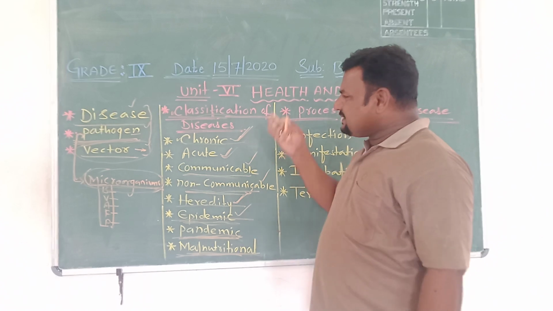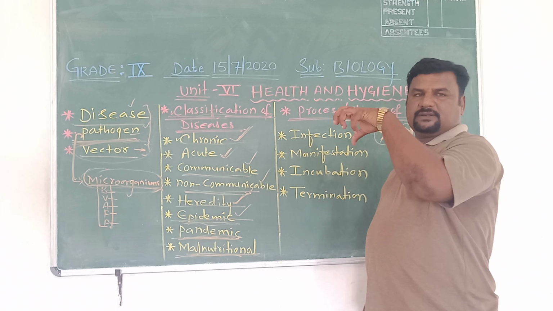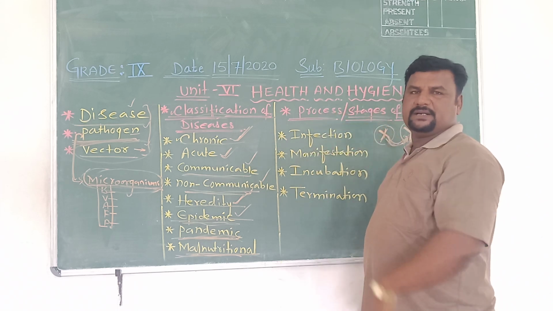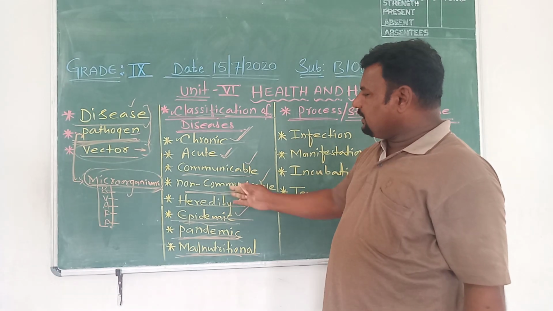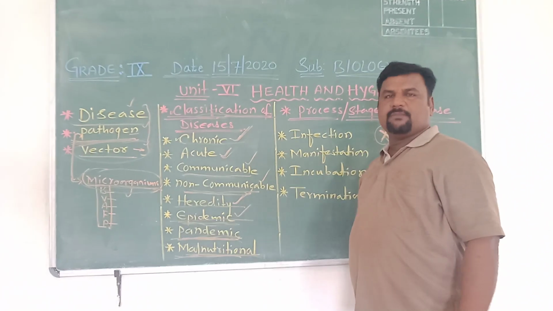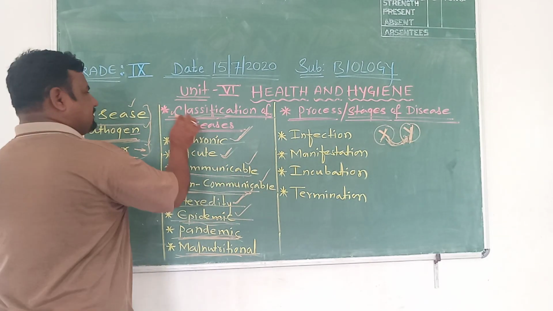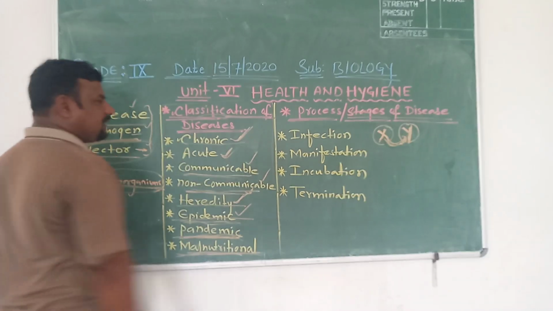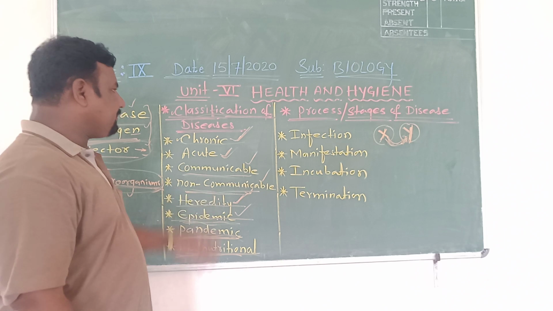So diseases are classified in this way based on their nature, duration, etc.: chronic, acute, communicable, non-communicable, hereditary, epidemic, pandemic, and malnutritional diseases. This is about classification.